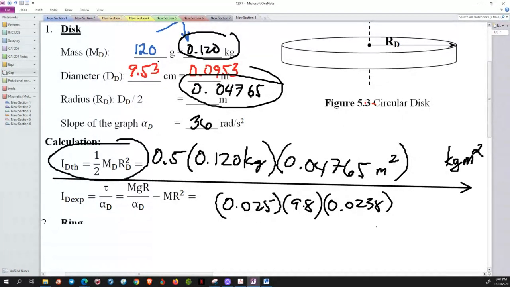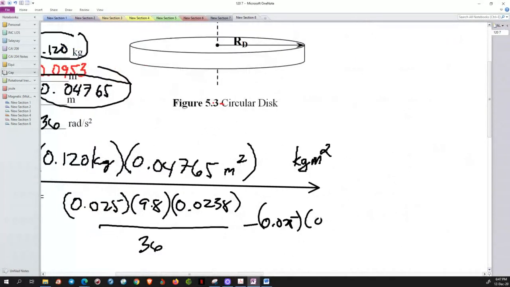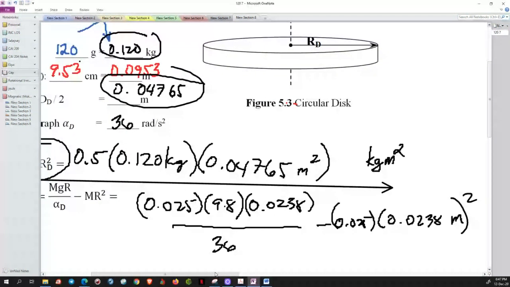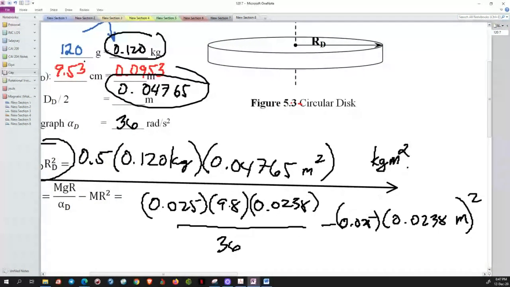This will be divided by the slope 36 minus the same mass 0.025 and the same radius, but this time you have to square it. 0.0238 meter squared. From there, you can see that the unit will become kilogram meter squared.